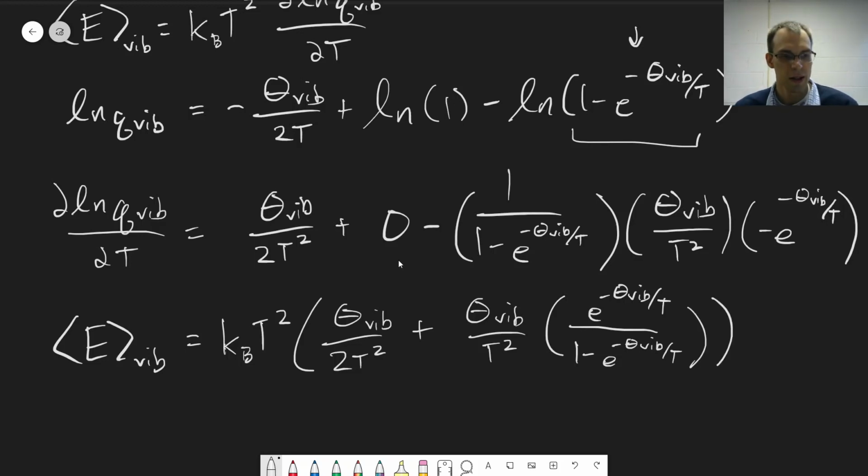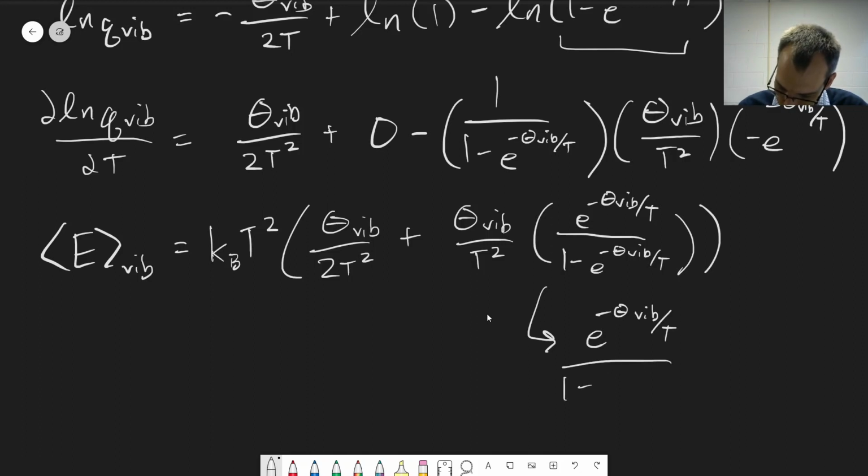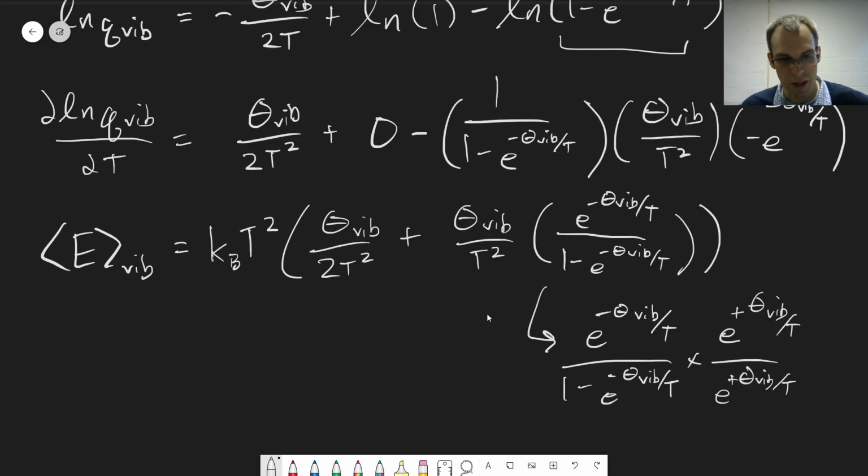Okay, so how can we simplify this? We multiply it through by kBT squared. For this term on the right, following what I have here in my notes, if we multiply the top and bottom by e to the positive theta vib over T, this lets us get rid of the exponential in the numerator.